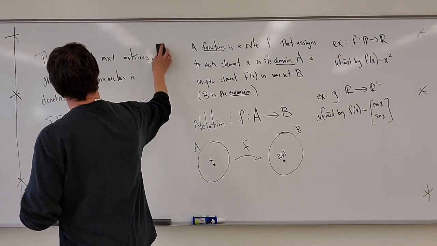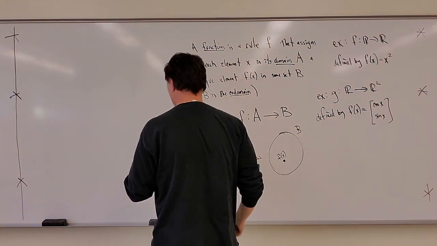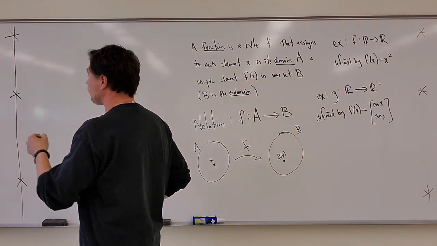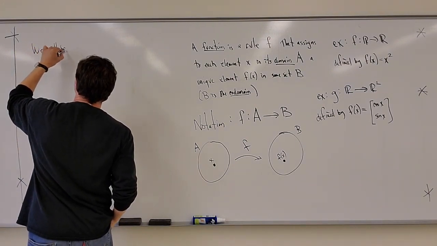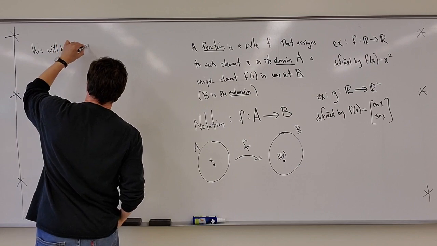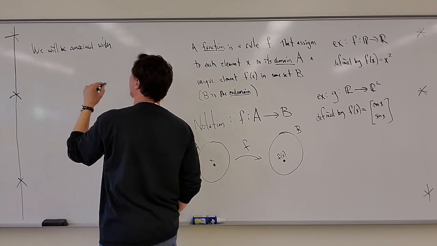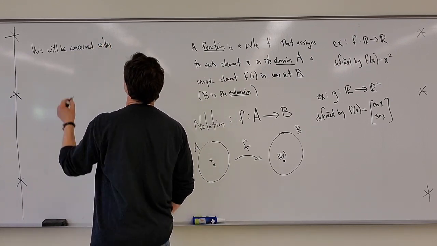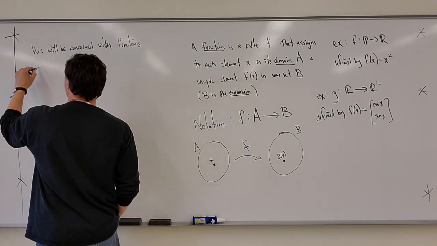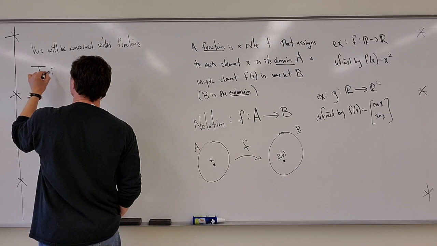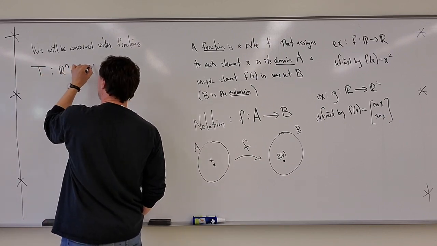Now, our interest in this class is going to be in functions that go from, say, Rn to Rm. So we will be concerned with transformations, and this is a certain kind of function. I'm going to use a capital T for the name of my function rather than a little f.